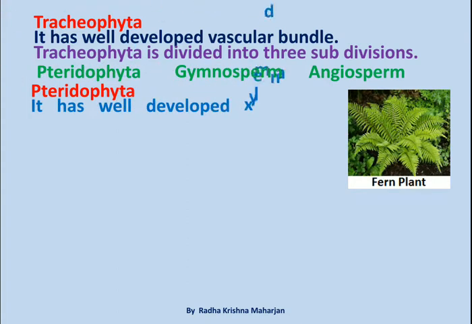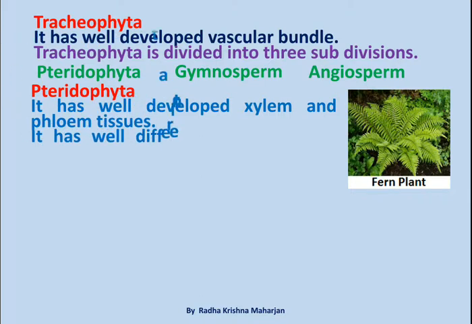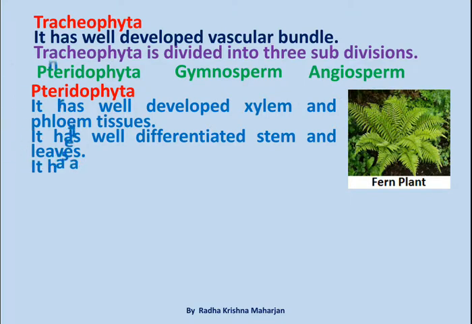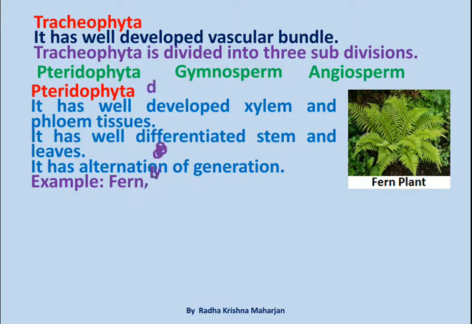It has well-developed xylem and phloem tissues. It has well-differentiated stem and leaves. It has alternation of generation. Example: fern, Lycopodium, horsetail.